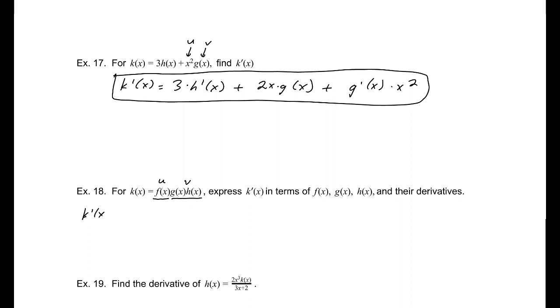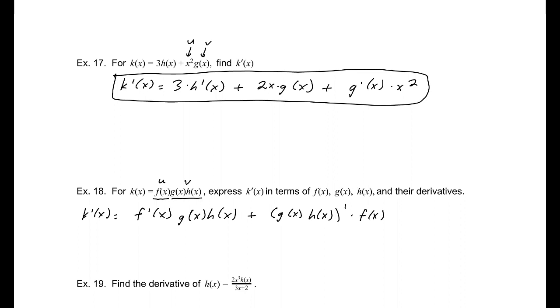In that case, we would have derivative of the first, f prime of x, times our v, so g of x, h of x, plus derivative of the second, that would be g prime of x, oh no, I can't do that, it's a product, g of x, h of x prime, times just the first one, the u, so f of x.